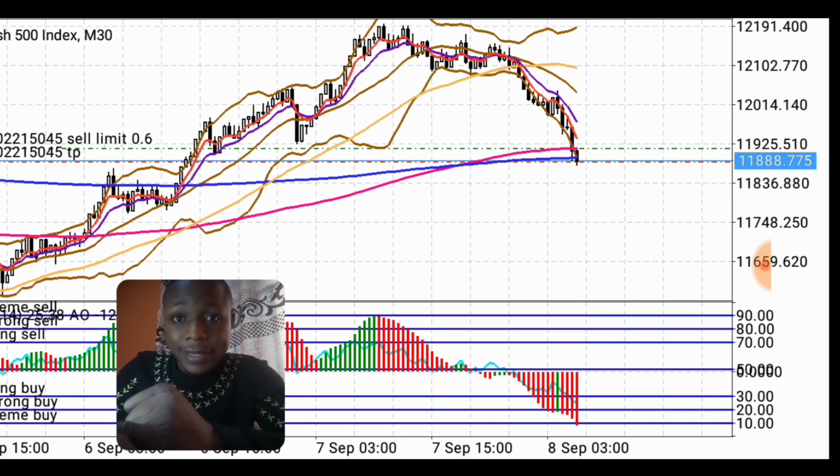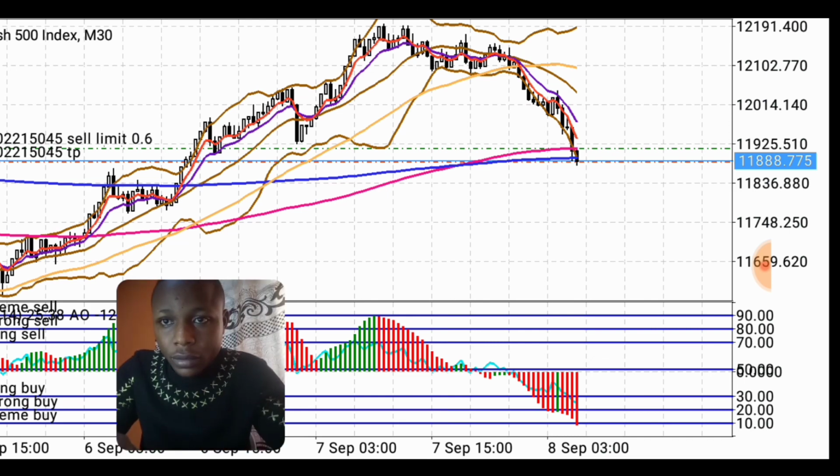The first trend is the uptrend. The second trend is the swinging trend. The third trend is the downtrend. The swinging trend doesn't have types. When it is swinging, it is swinging.